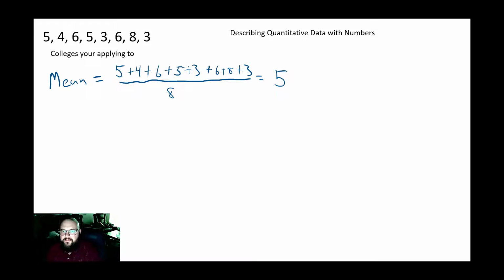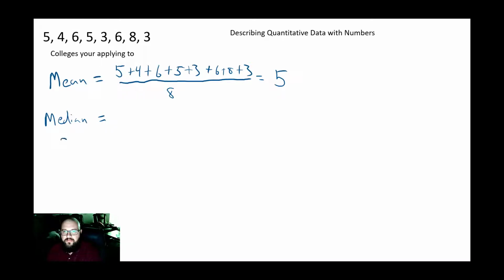Now the median is your middle number, right? Our median is the middle value. To find that, the easiest way is to arrange these numbers from smallest to largest and then determine where the middle is. I'm just going to list these numbers.